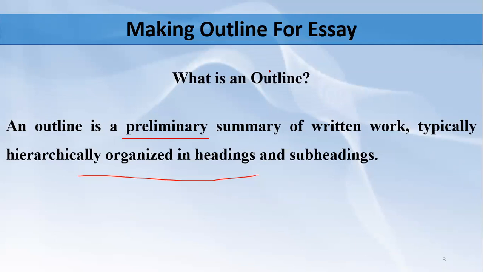Look at this simple picture here. This is how an outline looks. Here we have the thesis statement, or you may say the introductory paragraph, which contains the topic sentence and the supporting sentences.